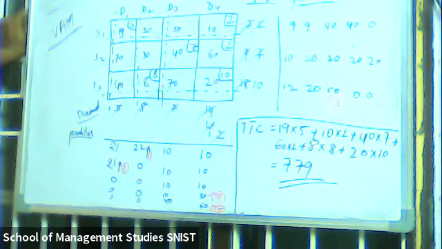The least value you are going to allocate. You repeat the same procedure till you complete the entire table. Then finally you find the total transportation cost and show its value.